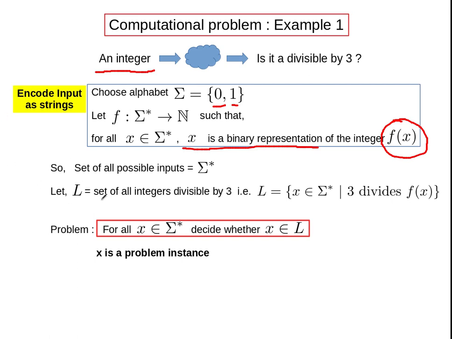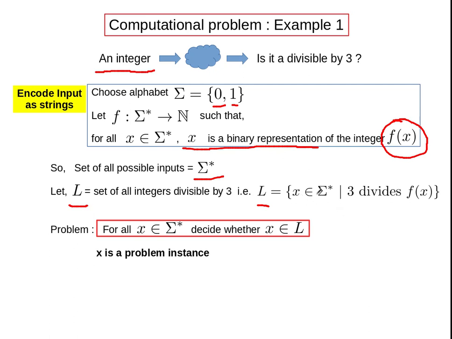So now for the set of all possible inputs, we say that it's this set of strings rather than saying that it's the set of all integers. And then the language that we are talking about: earlier, in a semi-formal setting, we said that the set L was the set of all integers divisible by 3, but now this L is a language, right? Because this is a set of strings, and if you remember the definition, a formal language is nothing but a set of strings.